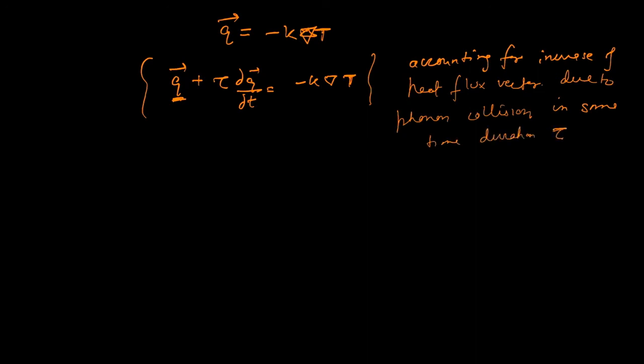So within some mean free time tau, because of the collision, the flux would be changed. That's what we are accounting for in this equation. And if there is no relaxation time, if this tau is 0, we recover back our original equation.